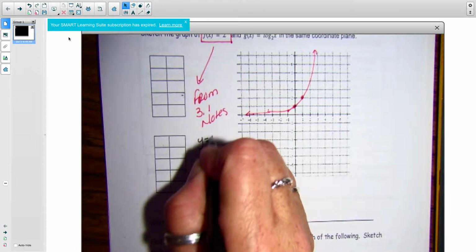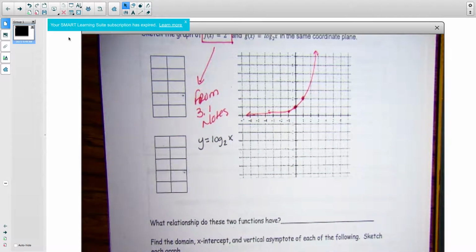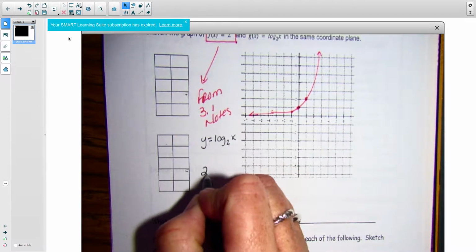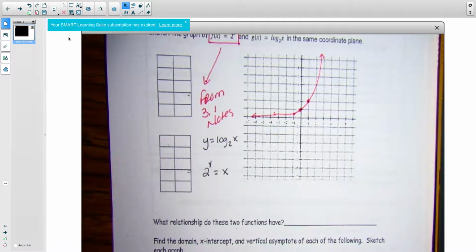So y equals log base 2 of x is what we're going to graph next. I'm going to write this using its definition. Its definition says 2 raised to the y power equals x.